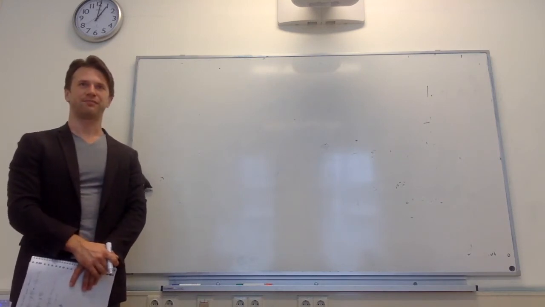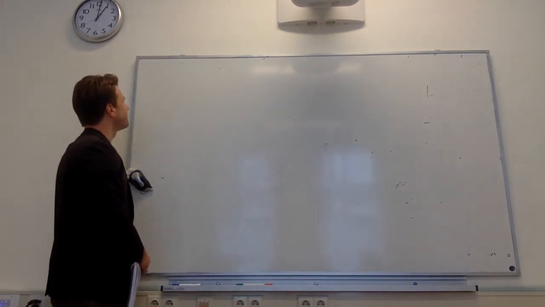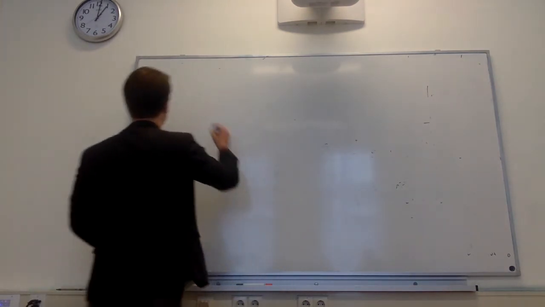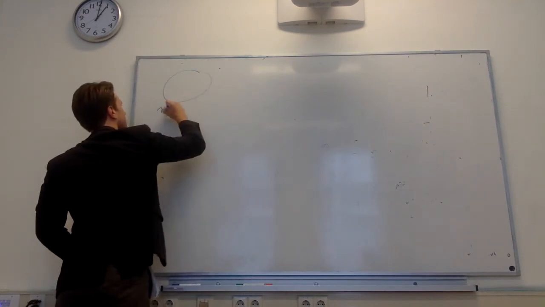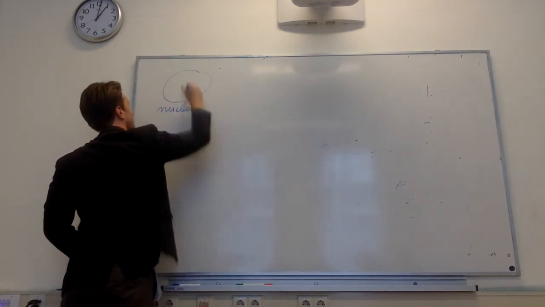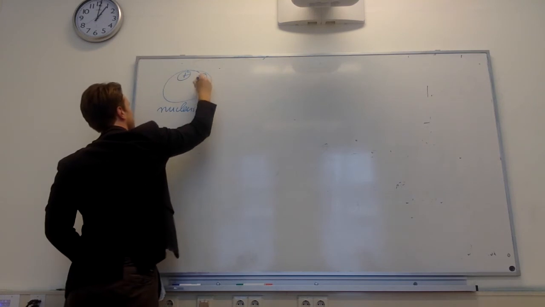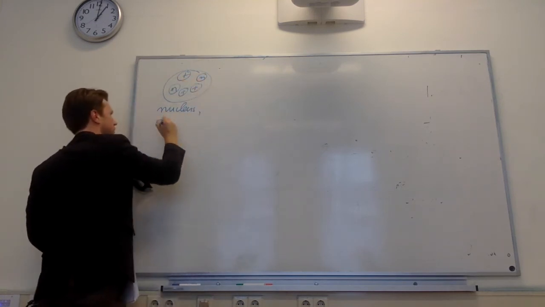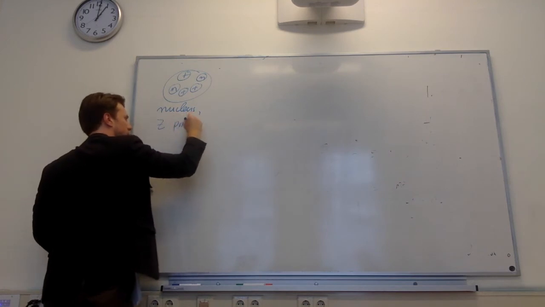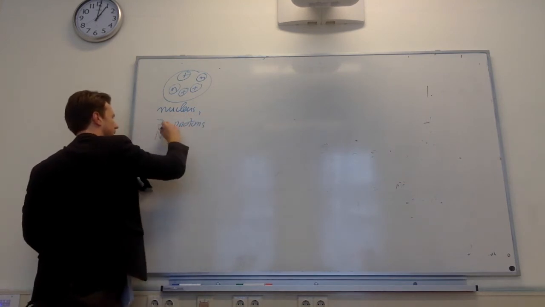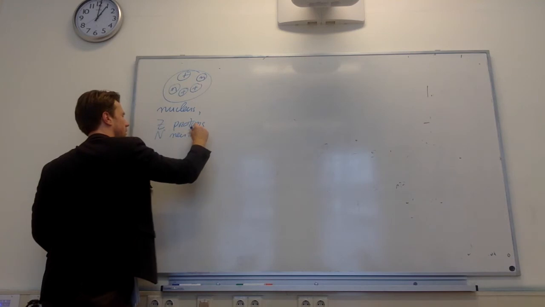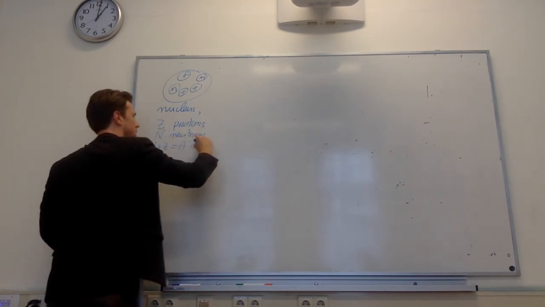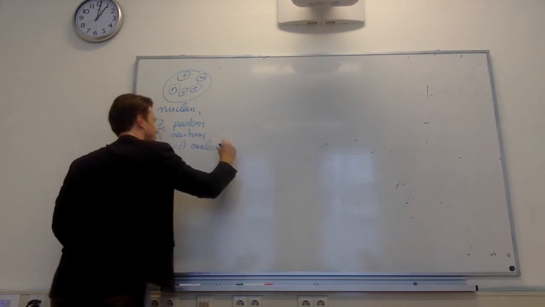Here's the idea. If you have a nucleus, and you know it consists of protons and neutrons, more specifically Z protons and N neutrons, and together these two make up N plus Z equals A nucleons. It's the nomenclature that they use.